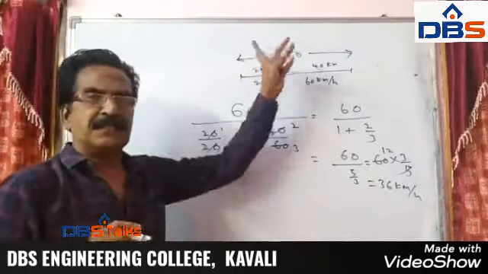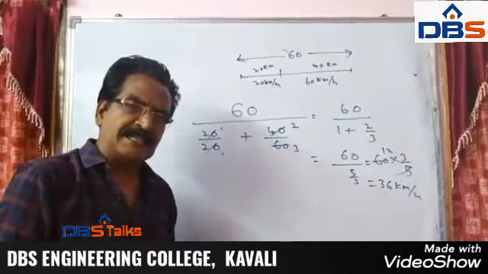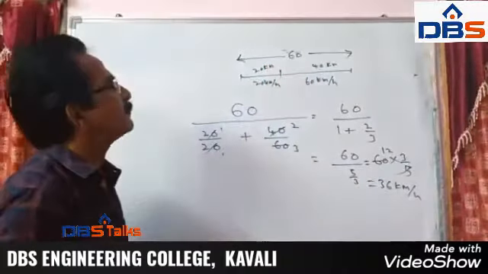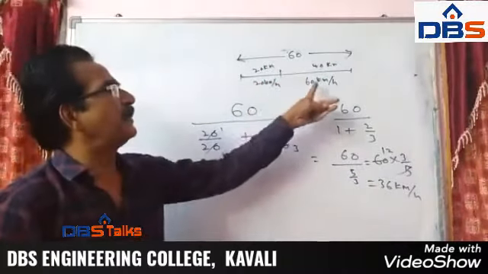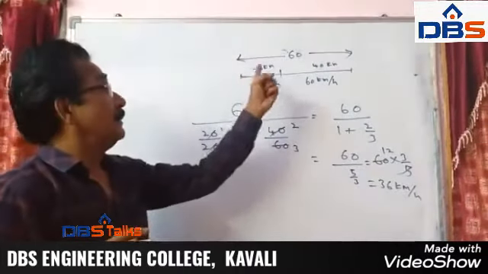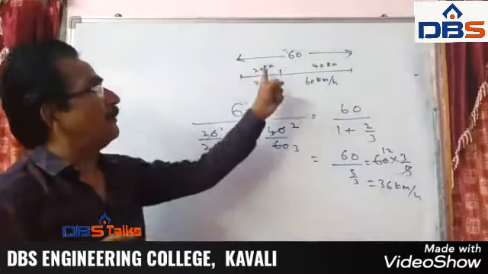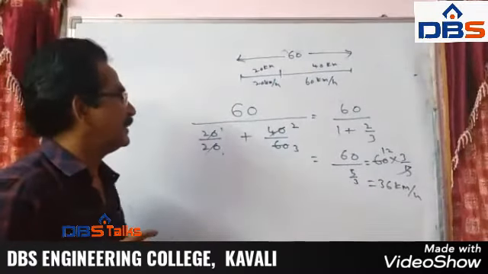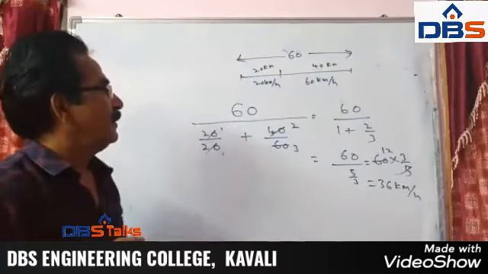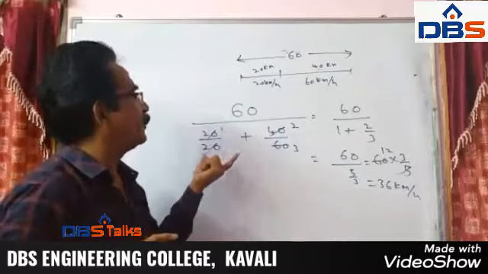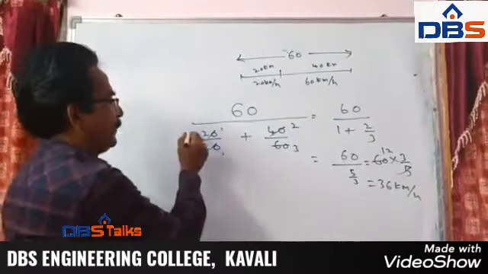You can assume the distance anything. You can take it as x, you can take it as 1, or you can take it as 60, some number which is divisible by 20 and 60. Or if you take the LCM of 20 and 60 also, it is still simple. Here, friends, total distance by total time taken.